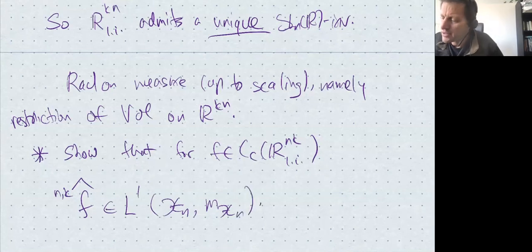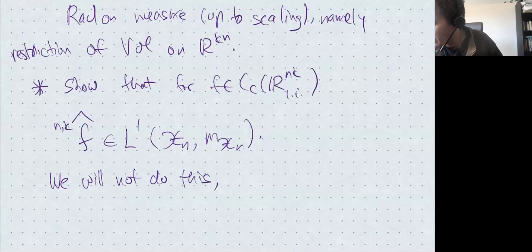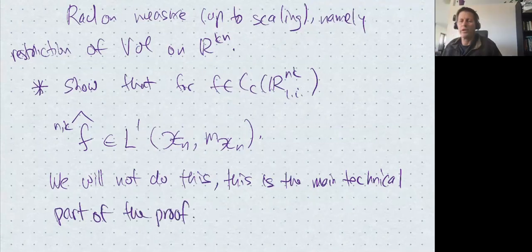This is something that we won't do, and this is the main technical part of the proof. But let me complete the proof and get back to this point at the end. One has to check that when you perform this transform, you get a function which is integrable. Let's assume that for now, and I'll come back to it in a second.